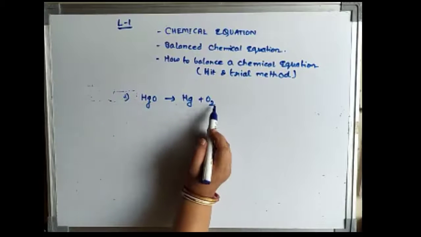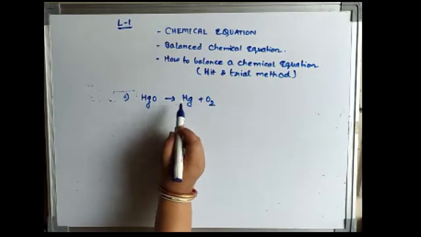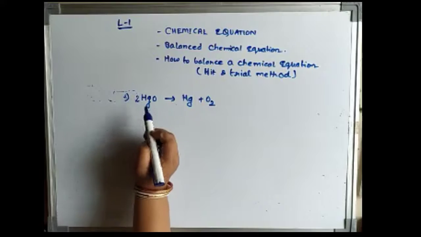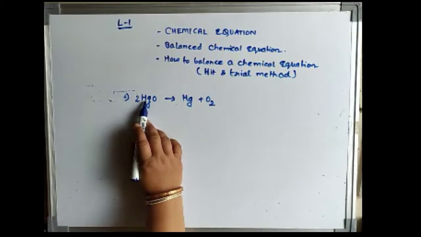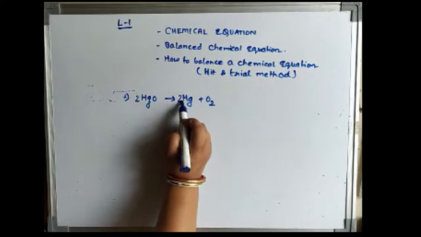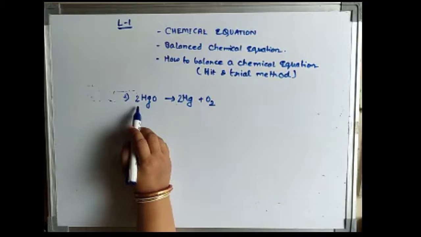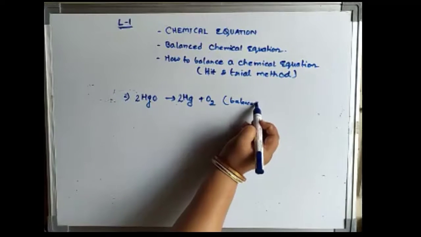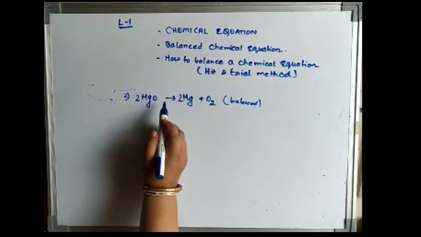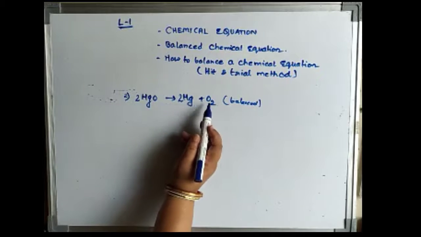Oxygen, here 1 atom, but here it is 2 atoms. So we have to make it 2 here. Now as soon as we make it 2 here, mercury also becomes 2 atoms. So here also we have to make it 2. That means finally the balanced equation becomes 2HgO gives 2Hg plus O2.